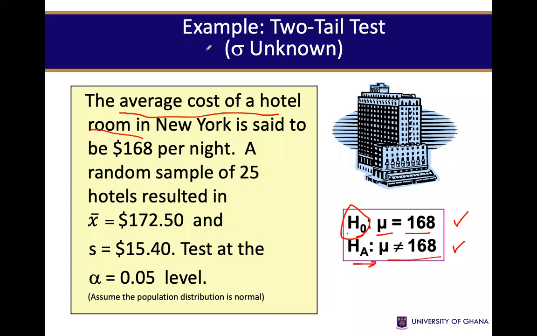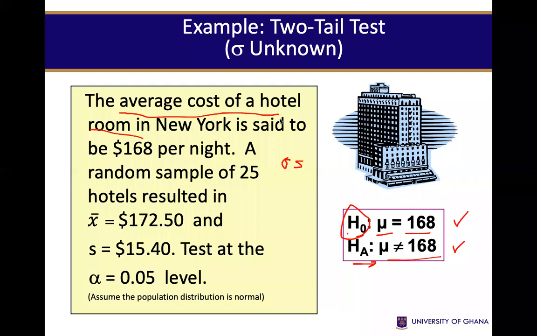I mentioned to you that if the population standard deviation is known, the symbol is sigma, right? And the symbol for sample standard deviation is S. If you look at the question, what do you see? I think the population standard deviation is unknown because we don't know it.